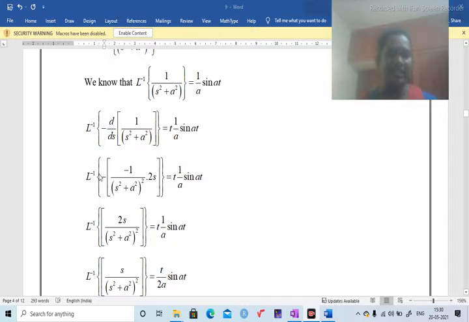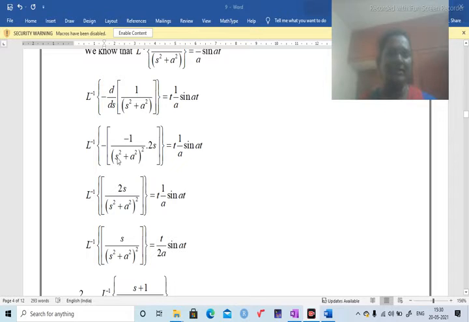So minus as it is. Now I am going to differentiate this term. So minus 1 by s square plus a square whole square, by using the formula d by dx of 1 by x power n is minus n by x power n plus 1. Here s square plus a square differentiation is 2s.